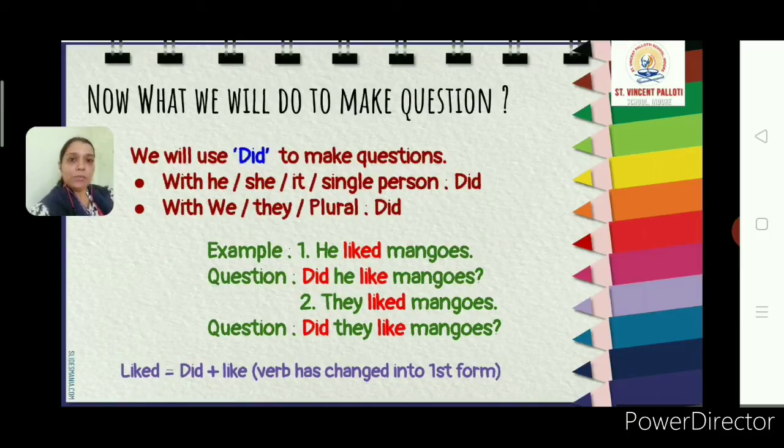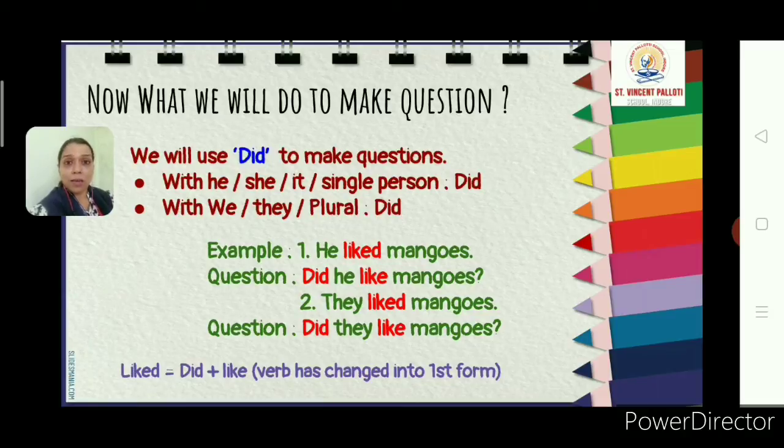In the simple past sentence, we will be using the second form of the verb. But when you are using did to make an interrogative question, you will put did at the first, did he, and liked will become like, the first form of the verb. They liked mangoes, so did they like mangoes?